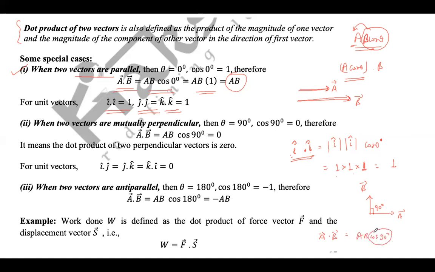Cos 90 degree means equal to 0. So because cos 90 is 0, so this will be AB into 0, which is equal to 0. Okay. So when two vectors are mutually perpendicular, the dot product is equal to 0.